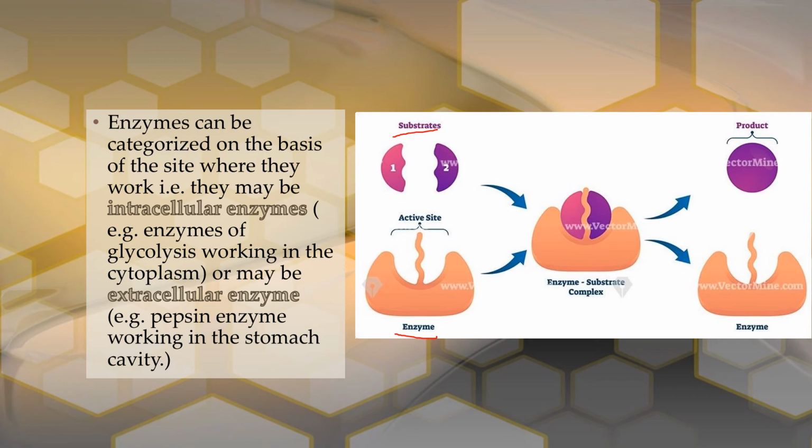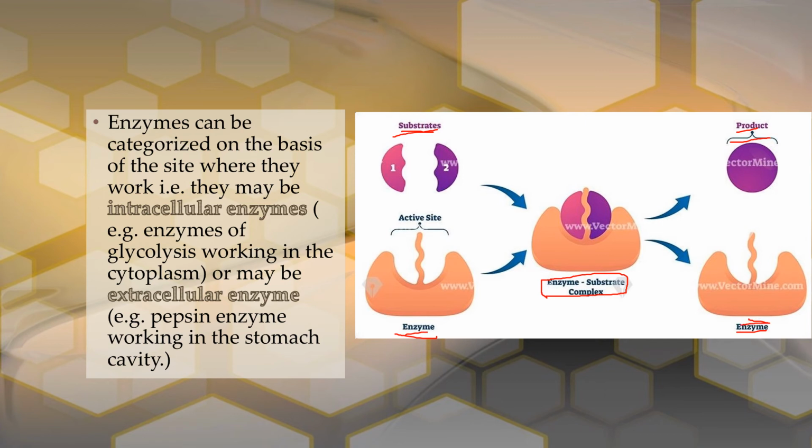When they join, they make an enzyme substrate complex for some time, but after that they become enzyme and product. You see that the shape of the substrate has been changed, but the shape of the enzyme was not changed. So this is the function of enzymes.